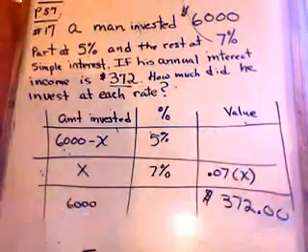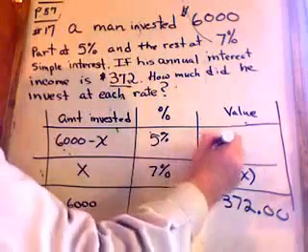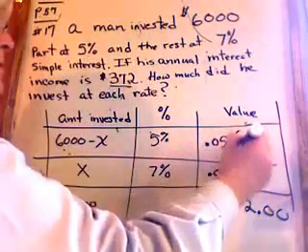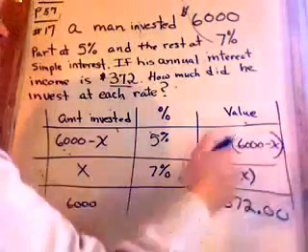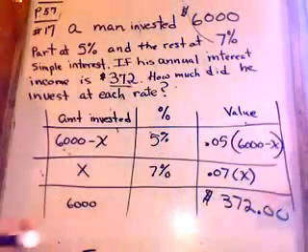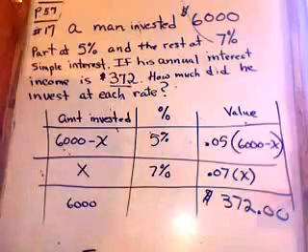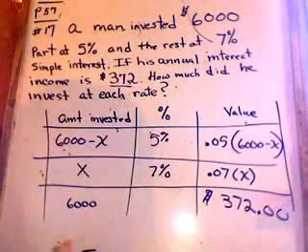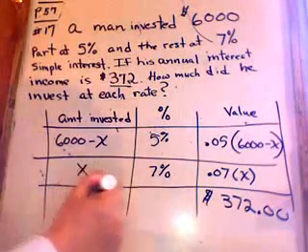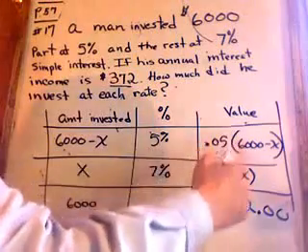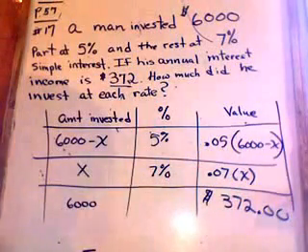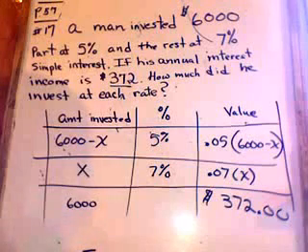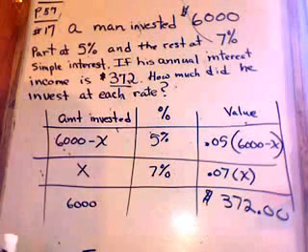And what am I going to put up here? 0.05 times 6,000 minus x. Oh, look, this is an example of using the distributive rule. You remember that, right? Okay, so the equation that I have would be this part plus this part equals the total value. So now all I have to do is set that up and solve the equation.